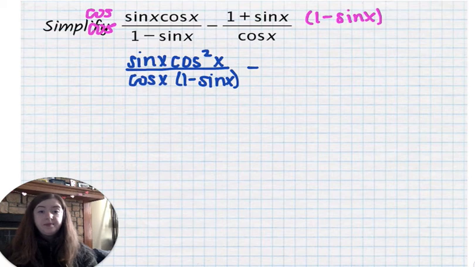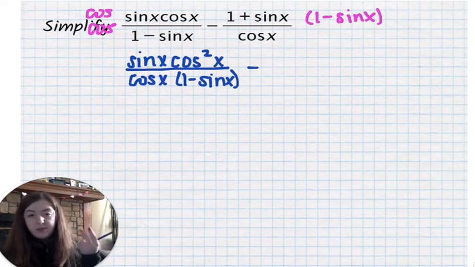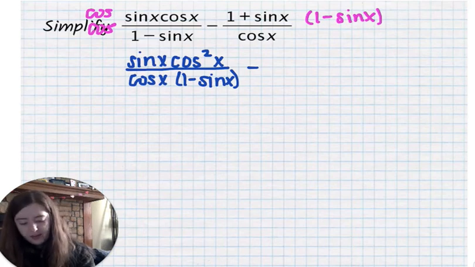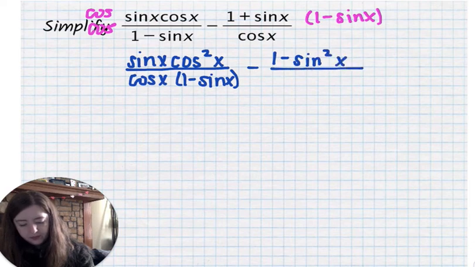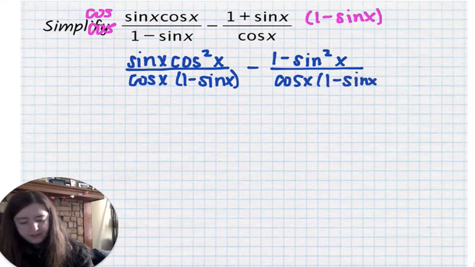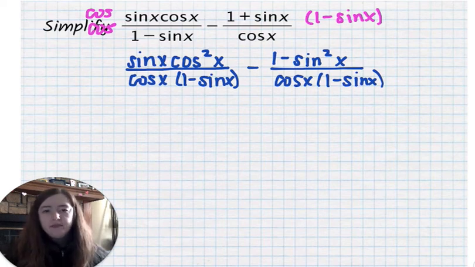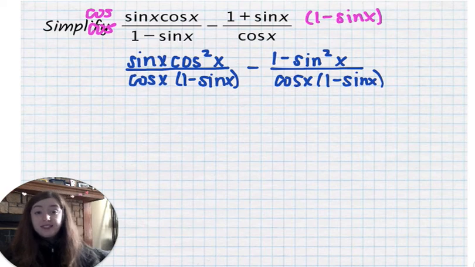Minus. Now those two are conjugates of each other, or you might recognize a difference of squares if you were to multiply them out and combine them. Either way, and you can feel free to multiply it out, we're going to end up with 1 minus sine squared there, over cosine times 1 minus sine squared times sine. Cool. So now I'll replace in some stuff that we know.